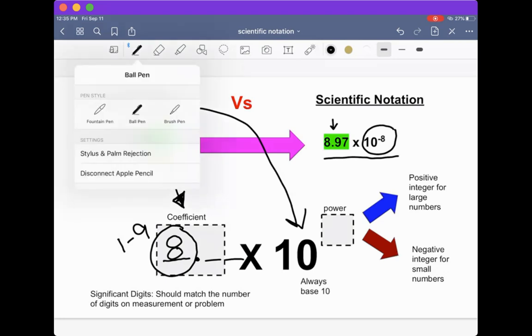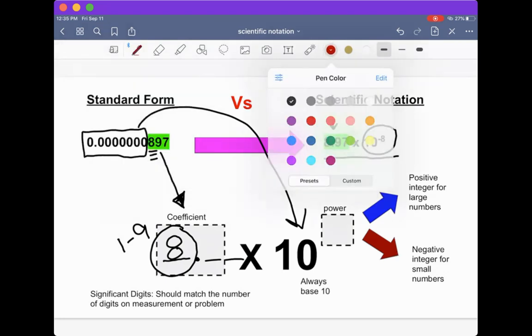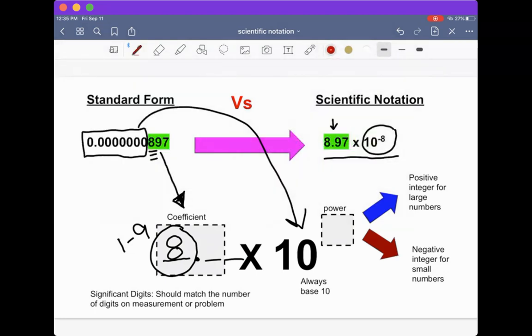So we take this over here, and I'm going to move the decimal. I'm going to move it 1, 2, 3, 4, 5, 6, 7, 8. I had to move it 8 times to get the 8 by itself. All of these other numbers are going to come in after, so that's where I get the decimal 9, 7.